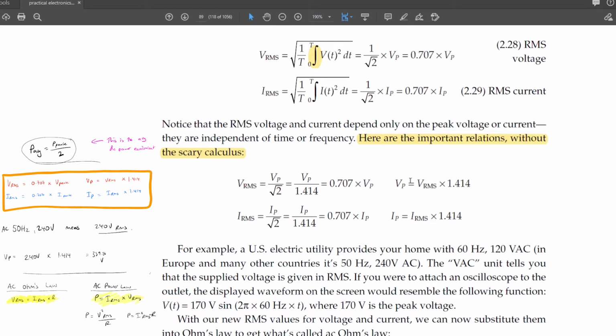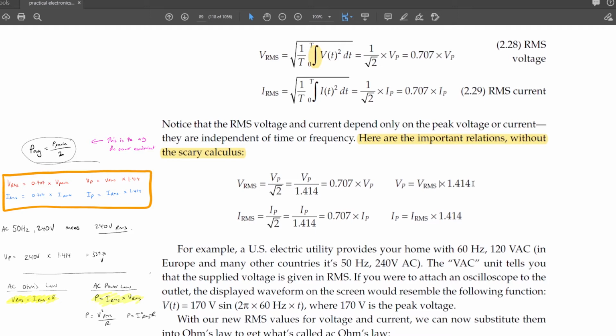The peak voltage is equal to the voltage RMS divided by 0.707. And what they've got here is basically, I assume, the inverse of 0.707, which is 1.414. So instead of that, you just do the peak voltage equals the voltage RMS times 1.414.